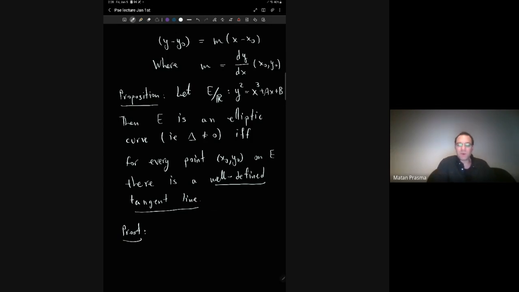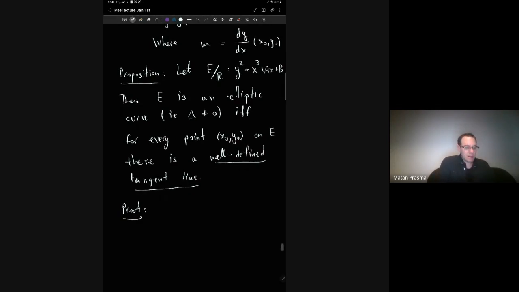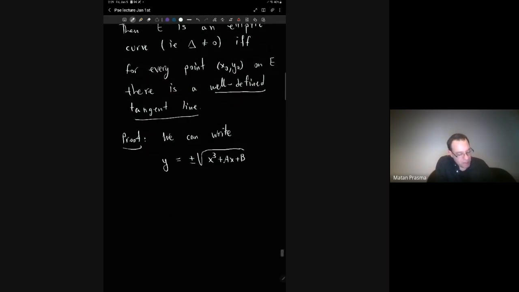So of course, we can write y equals plus minus the square root of x cubed plus ax plus b. And so it has two parts, right?